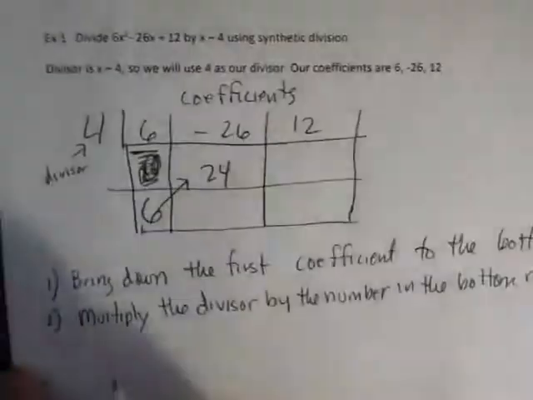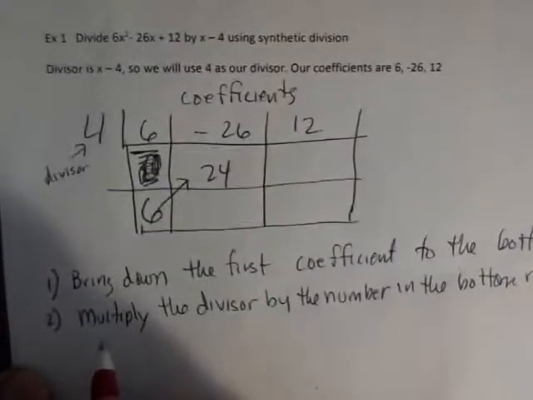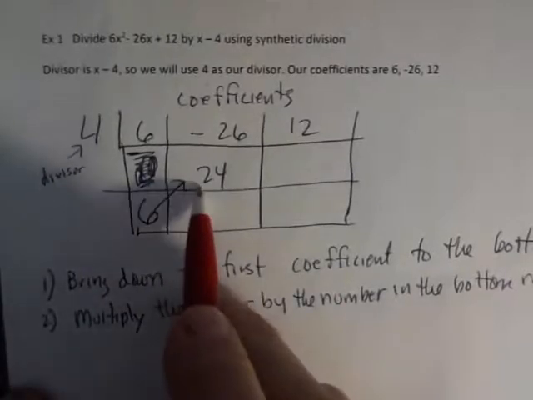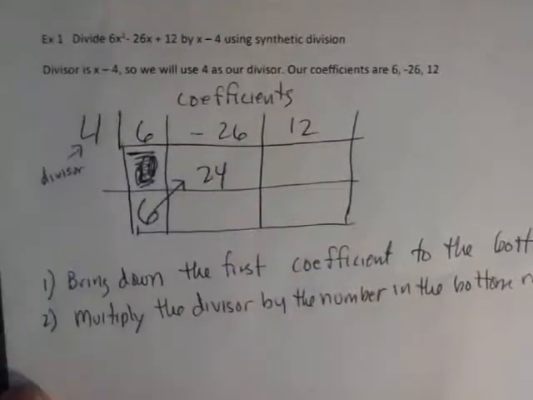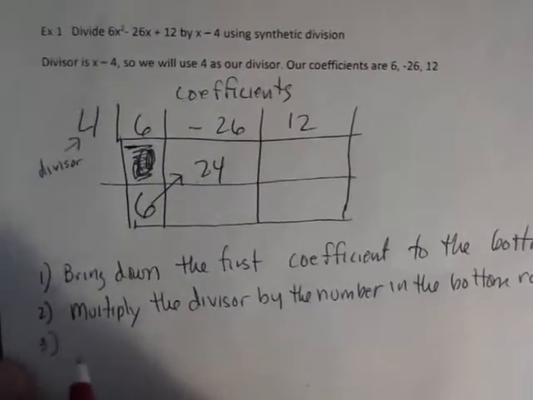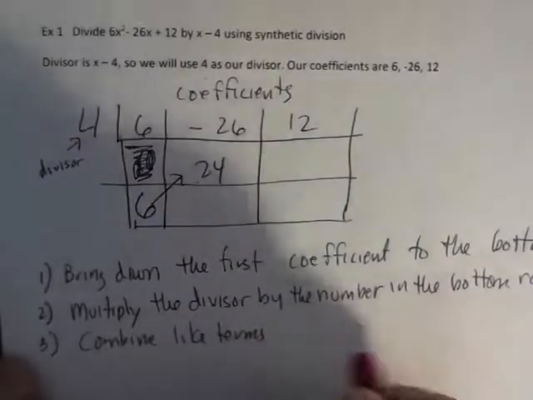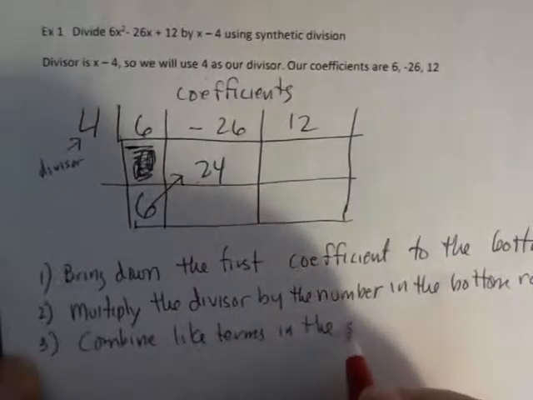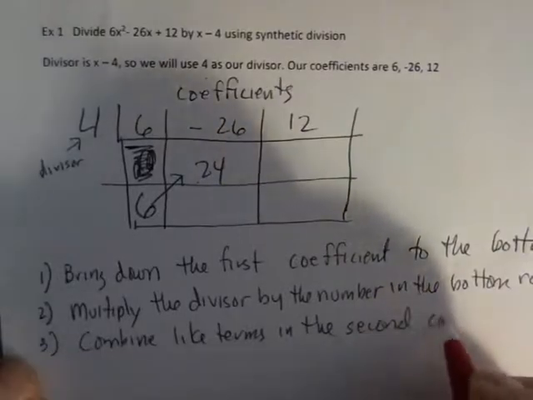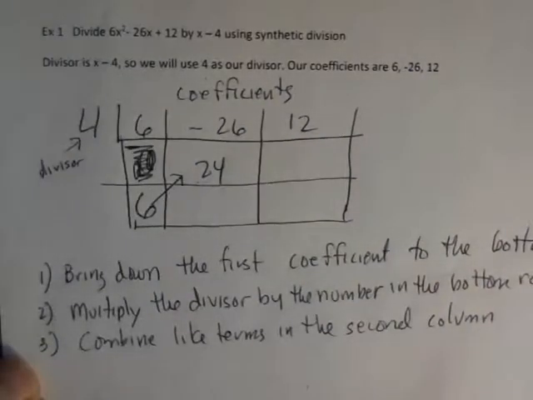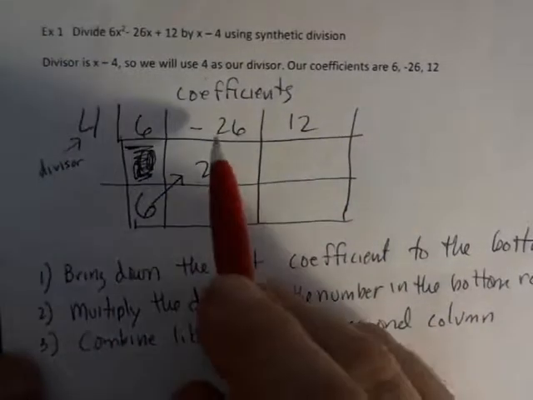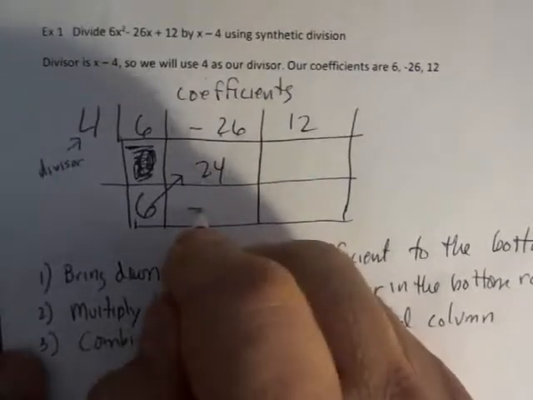So you multiply in the bottom row, and you place that number in the box below the next coefficient. Then you go ahead and combine like terms in the second column. Watch your signs, okay? You got to watch your signs. Negative 26 and 24 is negative 2.